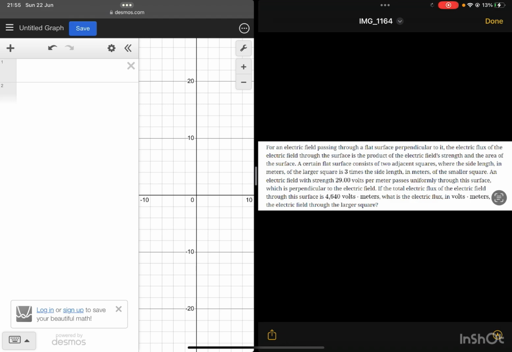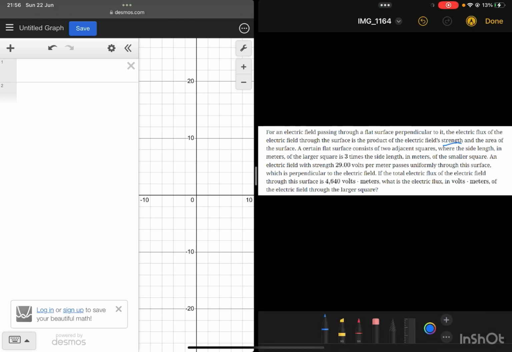Okay, on to the next question. For an electric field passing through a flat surface perpendicular to it, the electric flux of the electric field through the surface is the product of the electric field strength and the area of the surface. A certain flat surface consists of two adjacent squares where the side length of the larger square is 3 times the side length of the smaller square.